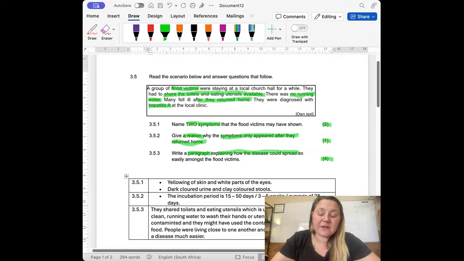And then another thing that I'm just thinking of is that in South Africa, we actually get vaccinated against hepatitis A. So if these people were not vaccinated, they could have contracted hepatitis A much easier.